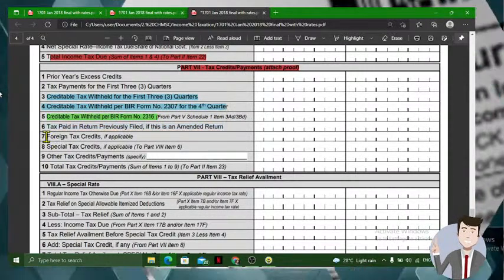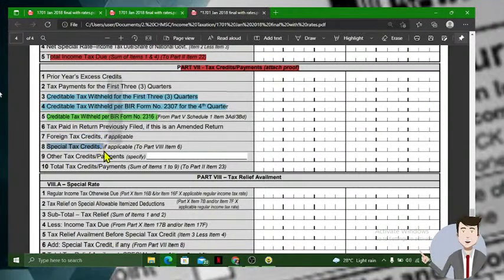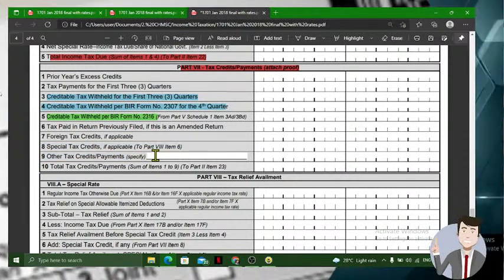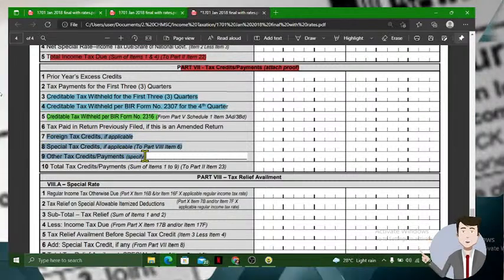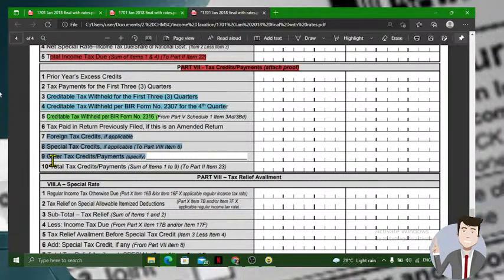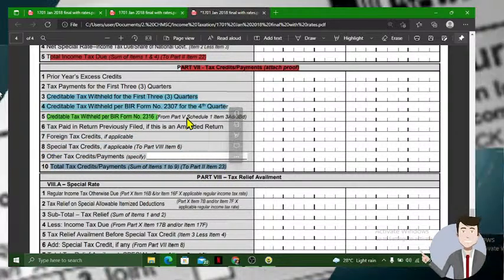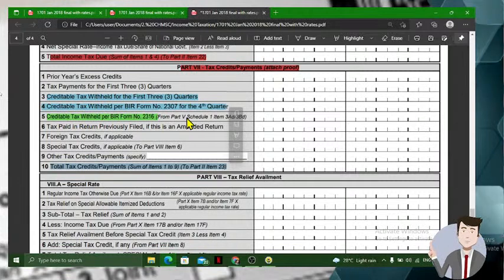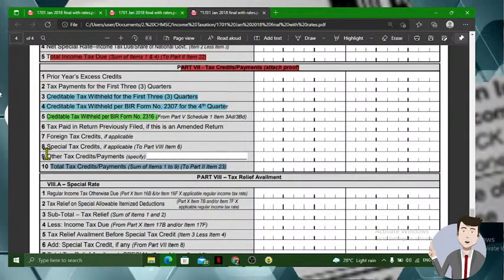Next, if there are foreign tax credits, if applicable, special tax credits, if also applicable, and other tax credits. So you have to prove if these are applicable, because these are special deductions from your tax due, or these are tax credits. So number 10, total all the deductions from your tax due from item 1 up to item 9.